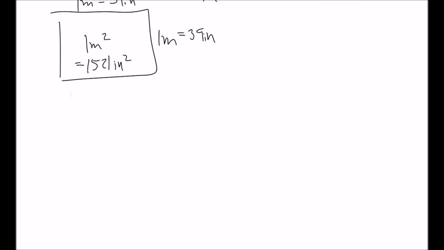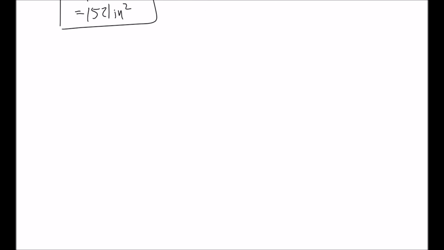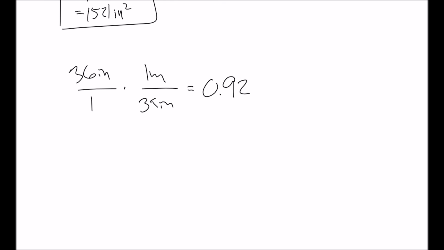I'm actually going to do a slightly different approach for this area though. I'm going to say that my one dimension was 36 inches, convert that to meters, say 1 meter over 39 inches, and that gives me a width of 0.923 meters.